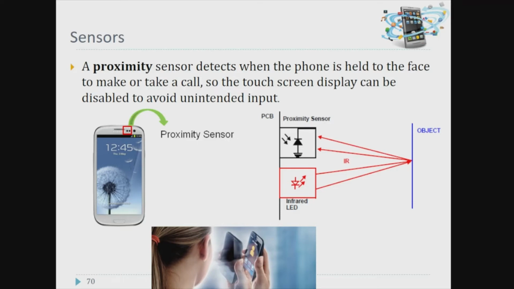Okay, so this sensor detects when the phone is held to the face to make or take a call, so the touch screen display can be disabled to avoid unintended input. So this part we call the proximity point. So we can use this sensor to avoid or disable a touch screen.